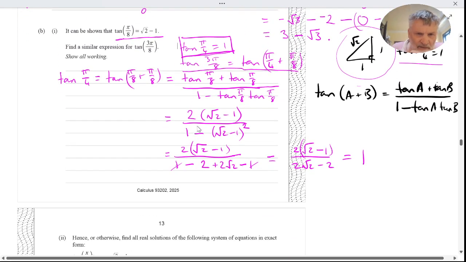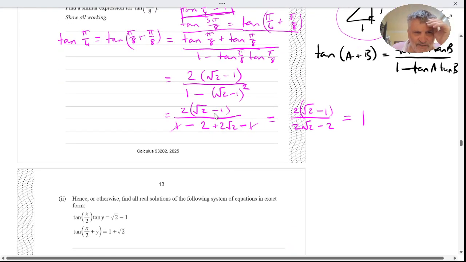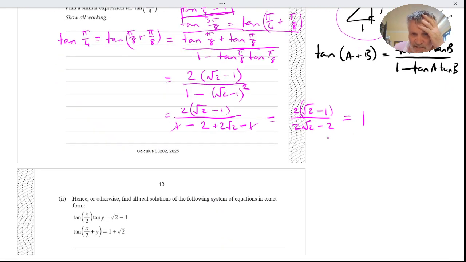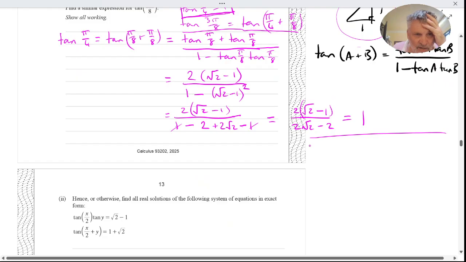And again, maybe they didn't intend us to do it this way because we've run out of room. So basically let's do the same thing again, risking using up space for the next question.